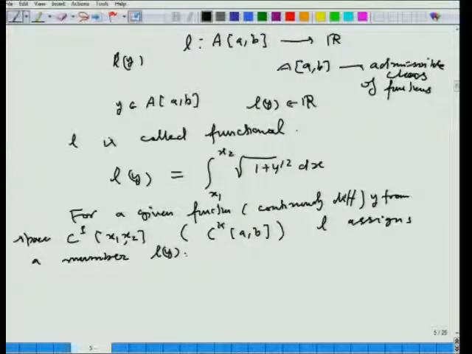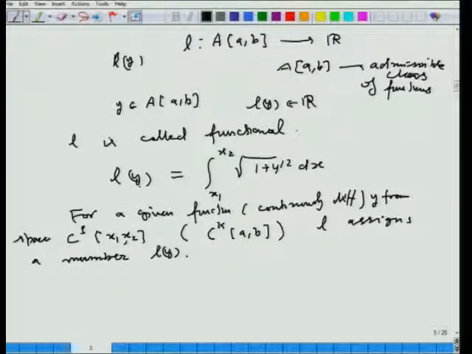That is what the functional actually is, which assigns to each function y in this admissible space of functions a number. If we have higher derivatives appearing here, then we will take higher order function spaces. So, for a given y, the length of y will be given by this integral here.